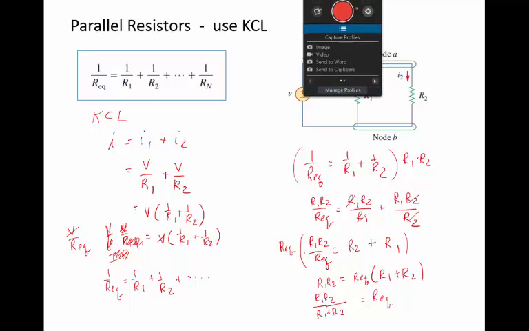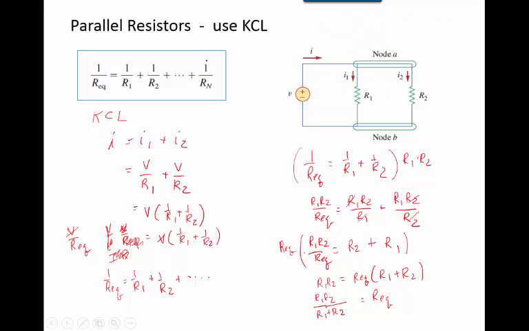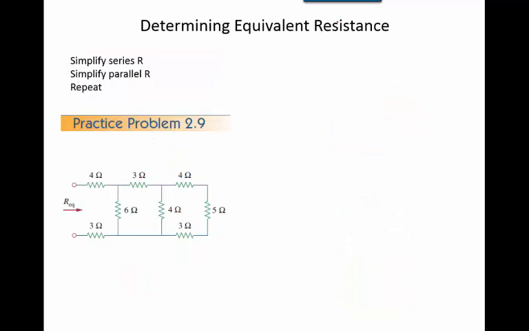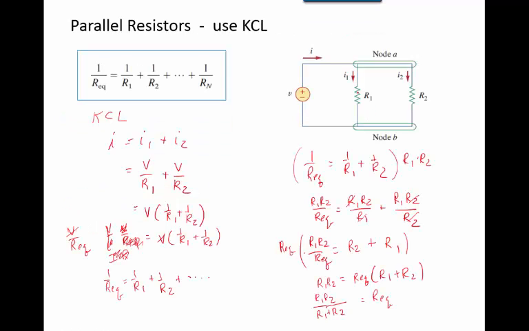It's like saying I have my voltage source and one equivalent resistance right there. So you can take these two resistors and replace them by one equivalent resistance.